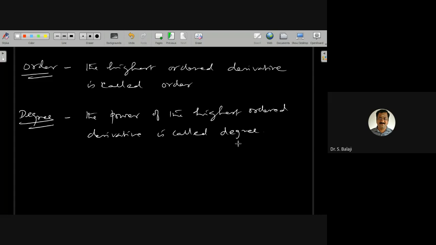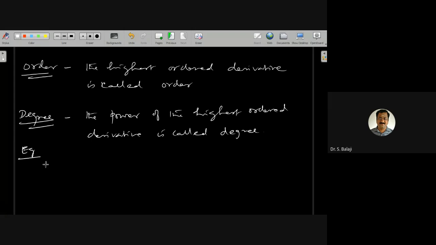It is the same as for the ODE, ordinary differential equation. For both ODE and PDE the definition is the same. The highest ordered derivative present in the differential equation is called the order, and the highest power of the highest order derivative is called the degree of the differential equation.